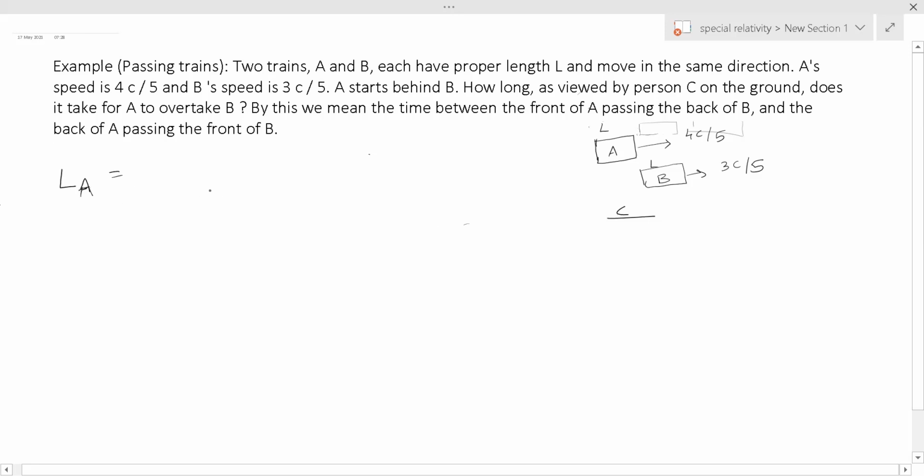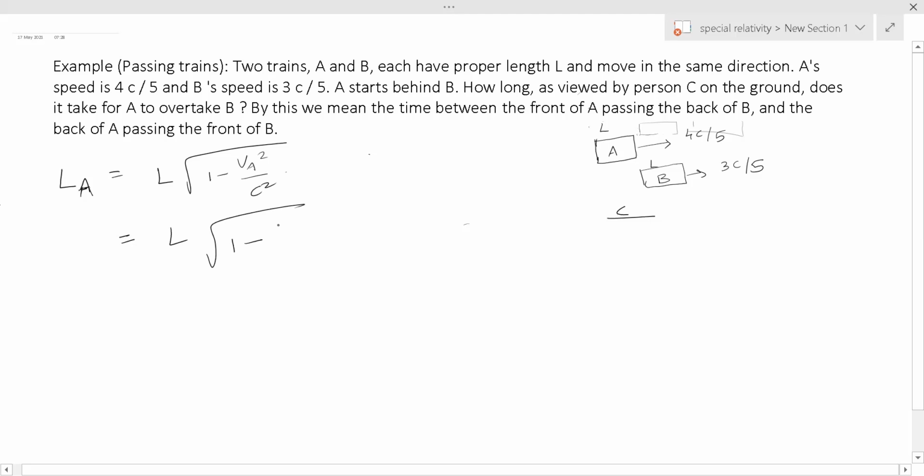C is the observer on the ground, and with respect to C, this train is moving at 4c/5. So we know this result. LA is equal to L multiplied by square root of 1 minus V_AC squared over c squared, the length contraction formula that we had. So what's VA squared?